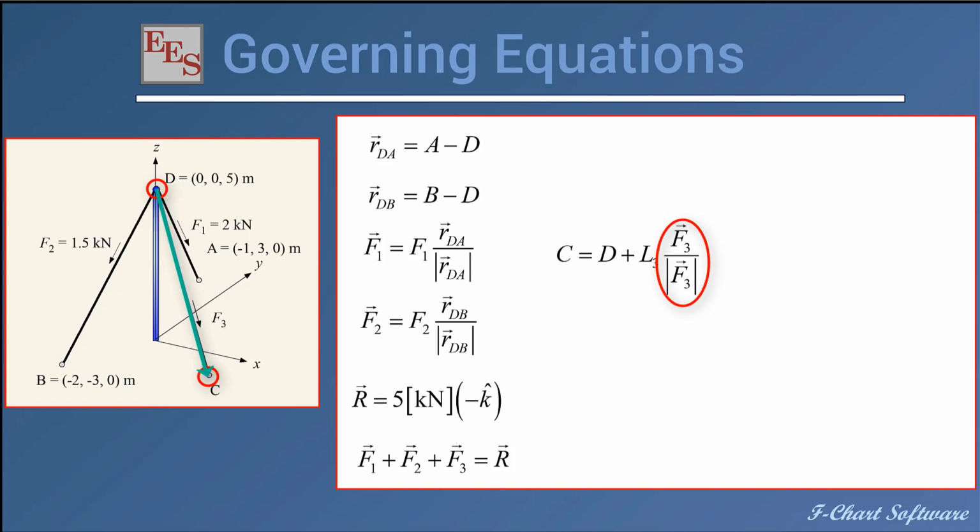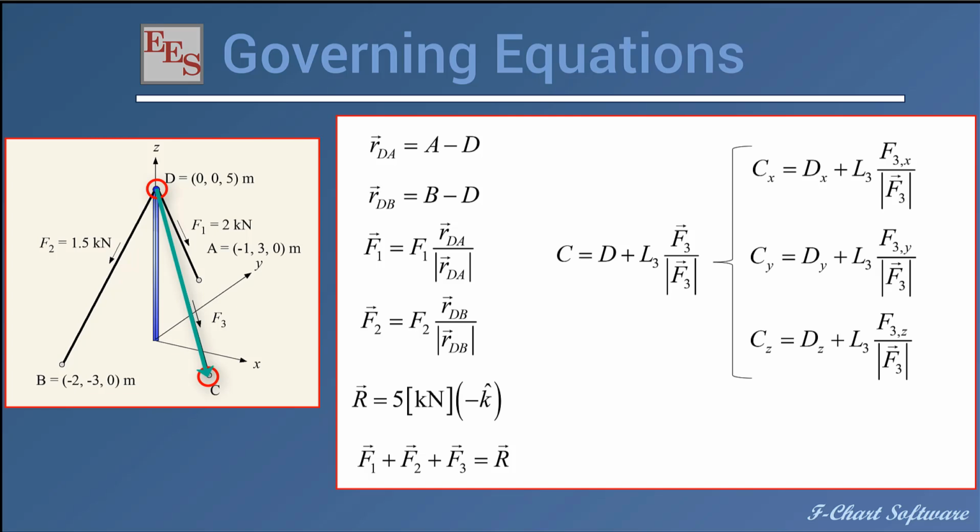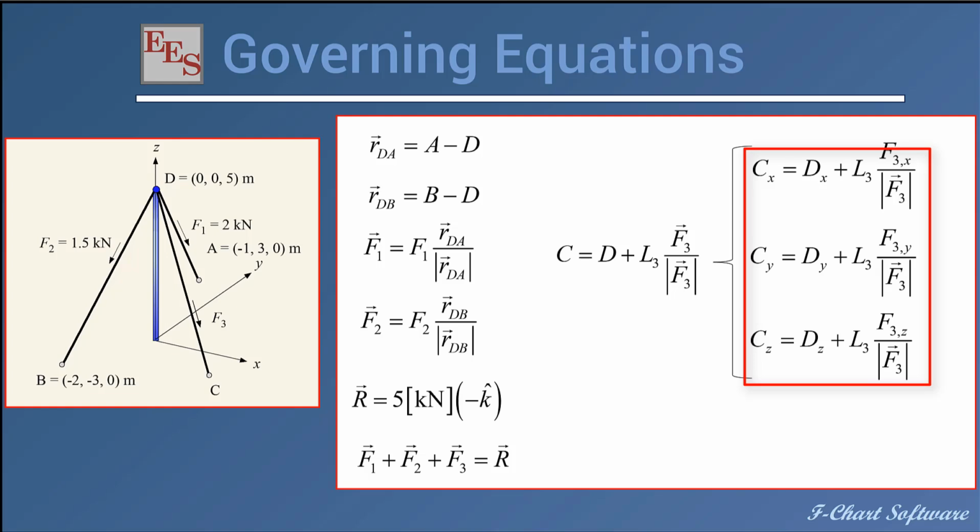So that's what I've done here, right? C is just starting at point D, and then the second part is the length of that cable, and then this is the direction of the cable. And if you think about this, this is one equation in terms of vectors, but every direction has a component, right?